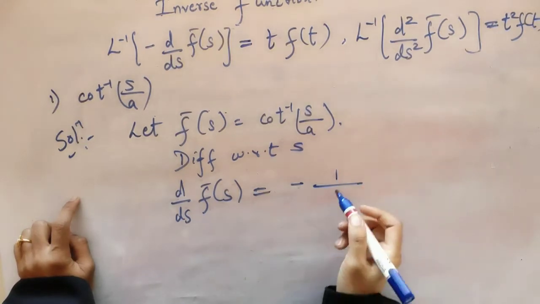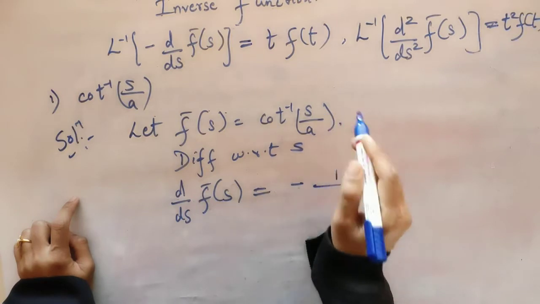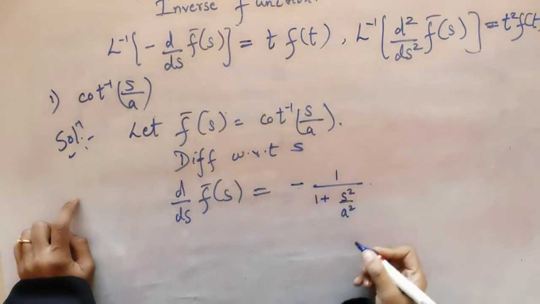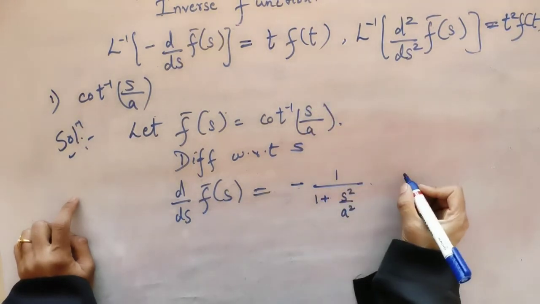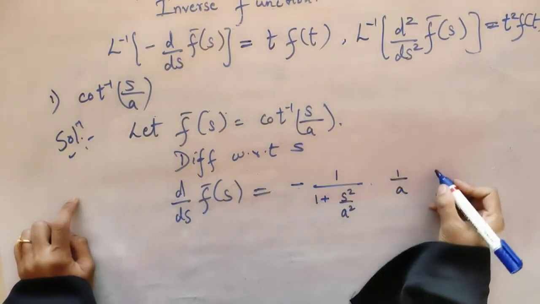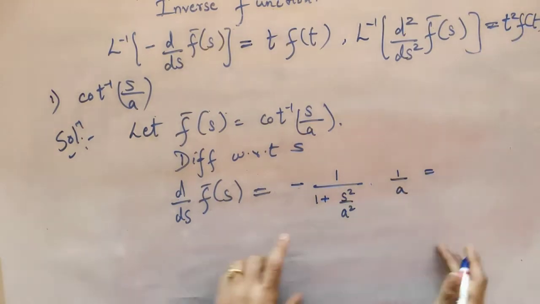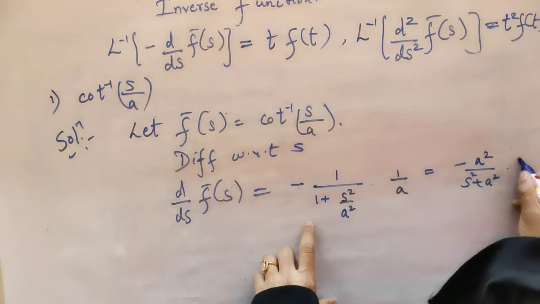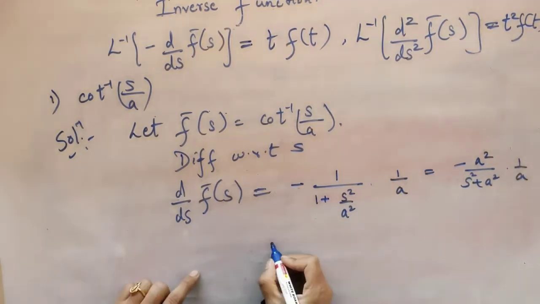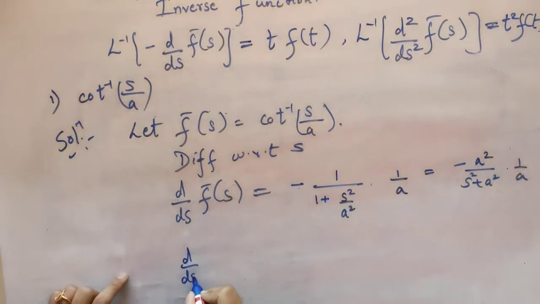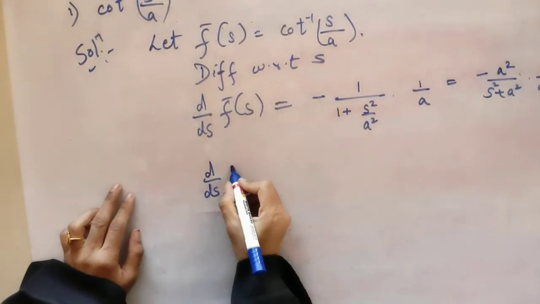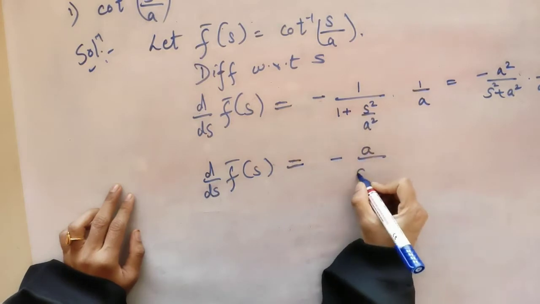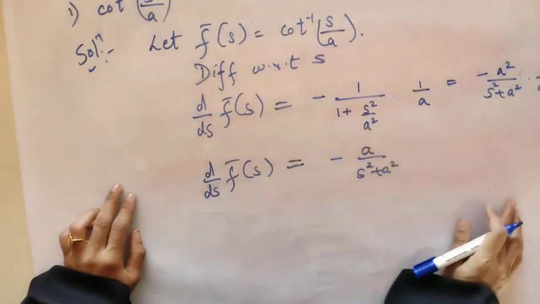But in place of x you have s divided by a, so it will have 1 plus s square by a square, into the derivative of s by a with respect to s, which is 1 by a. Further when you simplify this, you will have minus a square divided by s square plus a square into 1 by a. So one of the a's gets cancelled, and you will have d by ds of f bar of s is equal to minus a divided by s square plus a square.